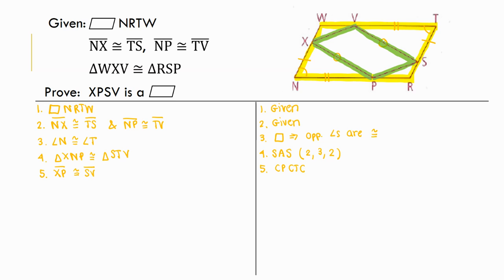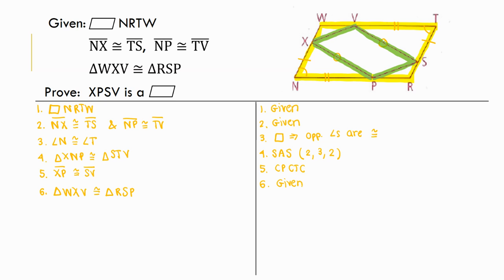So notice that I have one set of opposite sides that are congruent. That means I either want the other pair of opposite sides to be congruent to state a parallelogram, or I want parallel lines with what I already marked congruent. So if you look at that last piece of given information, notice that I'm telling you that the triangle WXV is congruent to the triangle RSP.